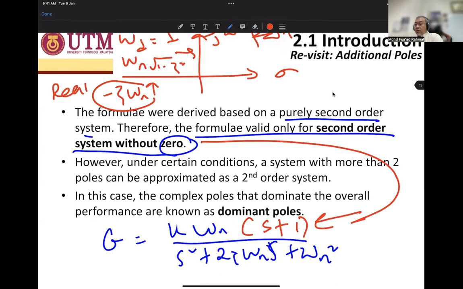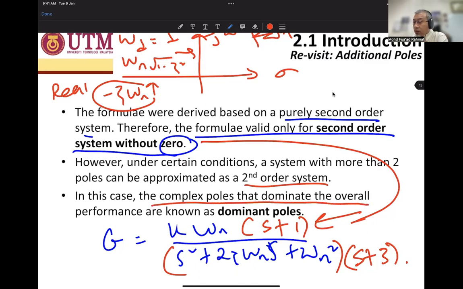However, under certain conditions, a system with more than 2 poles can be approximated as a second order system. Let's say this is the second order, then in the design, usually they have another one, the third pole, maybe S plus 3, S plus 4. In this case, the complex poles that dominate the overall performance are known as dominant poles.